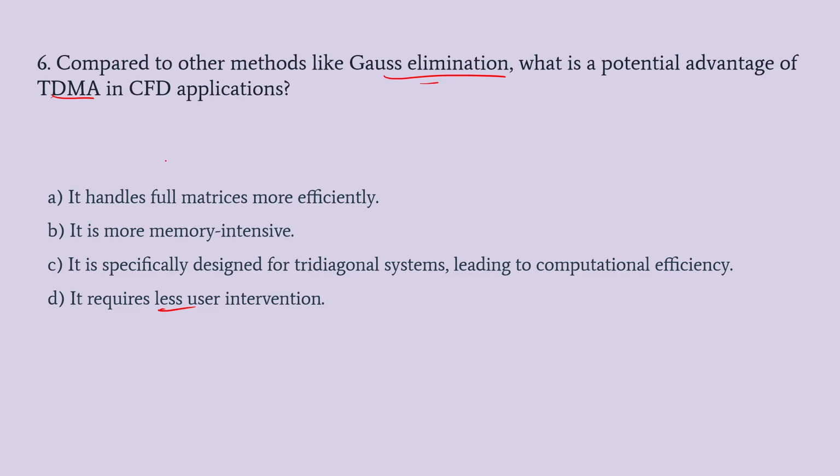If we have learned what the TDMA method and its algorithm are, it basically works with forward elimination plus backward substitution. So if we boil down the entire TDMA method into two parts, it is forward elimination and backward substitution.